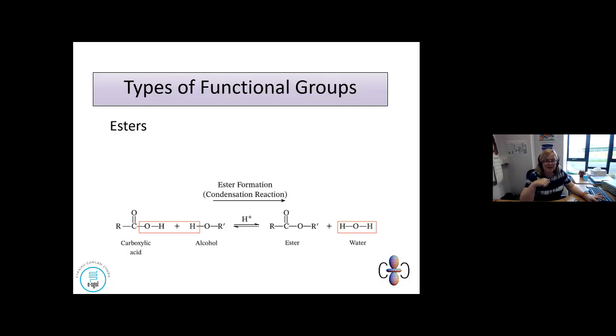So esters are not very thoroughly studied in year 12. It's much more in-depth studied in year 13, but it is a condensation product of an alcohol reacting with an acid.